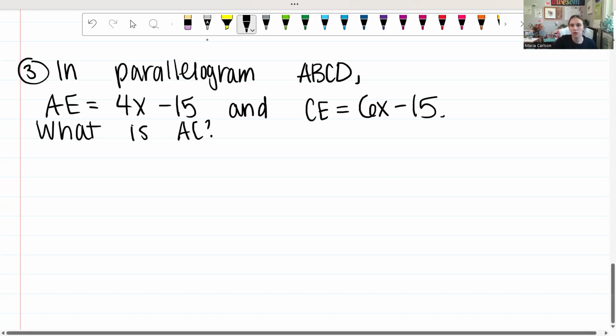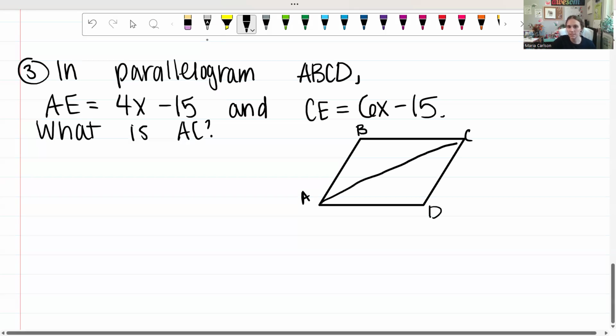And we will have a diagram with this as well. So here is the parallelogram ABCD. And then we have two diagonals, AC and BD, which meet to form intersection point E.